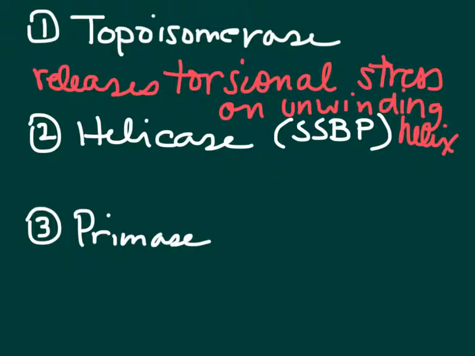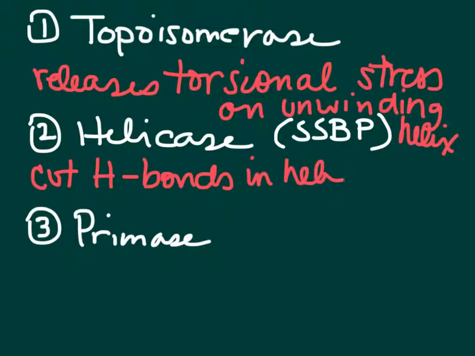The next enzyme who's involved here is helicase. Helicase's job is to cut the hydrogen bonds in the double helix. So it cuts those hydrogen bonds in the helix. But the problem is, you remember I told you guys when we looked at that structure, I told you that those hydrogen bonds automatically form if you get nucleotides close enough to each other, right?